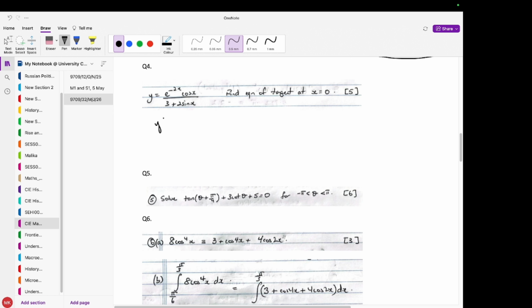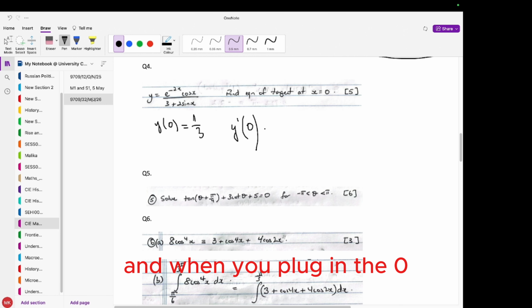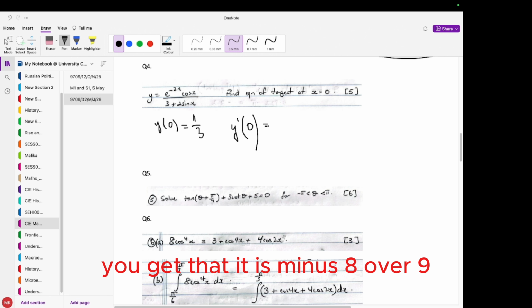Y of 0 is 1/3. Y apostrophe, when you find the derivative and plug in 0, you get that it is minus 8/9.